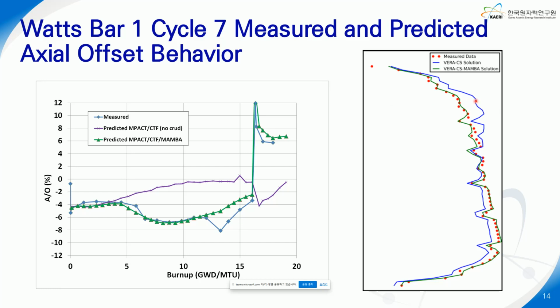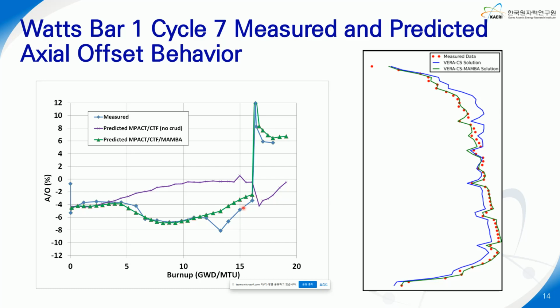With MAMBA, the actual power shape shown here with the green lines matches well with the measurement shown here with the red symbols. The spike shown in the actual offset plot is due to the cleaning of the crud, which resulted in the removal of the power shift. VERA predicted this spike very well, as shown with this green triangle.